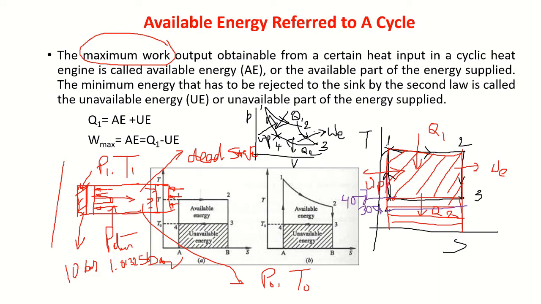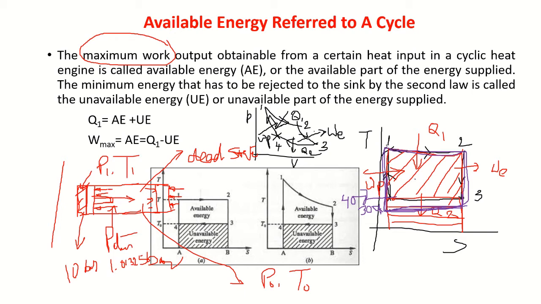So maximum expansion has happened till it has reached atmospheric pressure and atmospheric temperature. Then you can observe here, this area definitely is the maximum. So this is the maximum available energy.